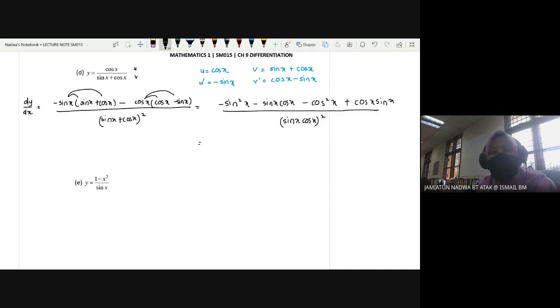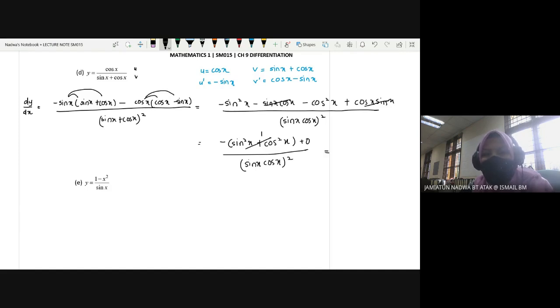You know that sin squared plus cos squared is equals to 1. So dekat sini sebenarnya kita ada sin squared x plus cos squared x. Okay, kalau kita keluarkan negatif dia, nampak tak? Ini adalah 1. Minus sin x cos x plus cos x sin x, kita boleh cancel off dia. So kita ada plus 0 over sin x plus cos x kuasa 2.